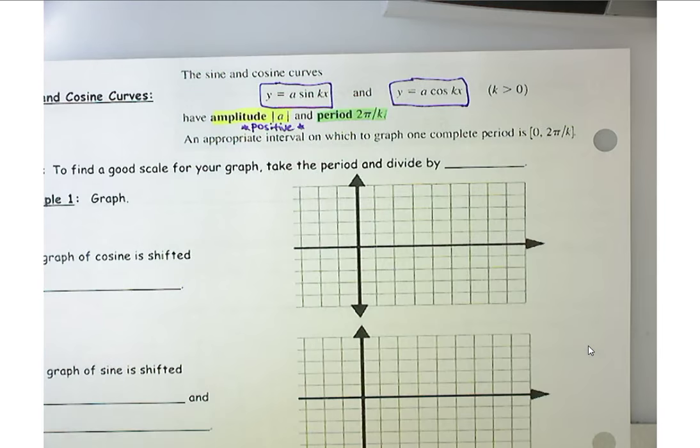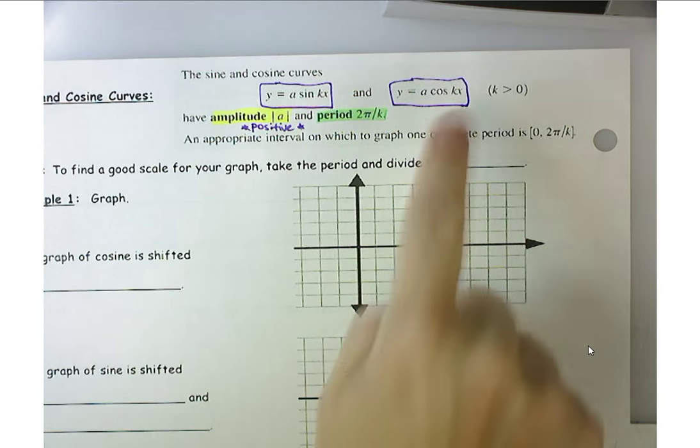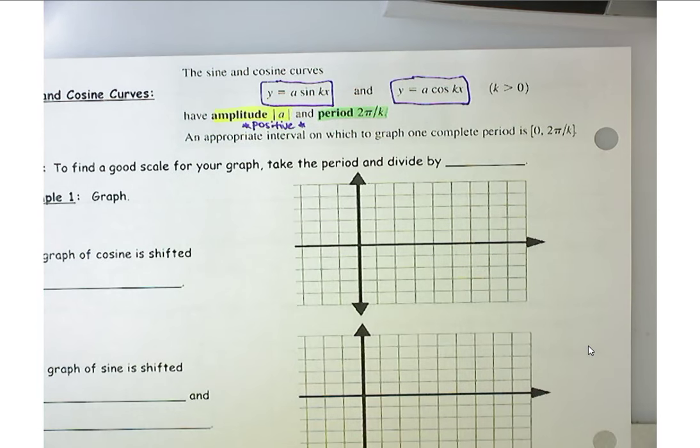So I want you to take a look and see where your k value is. Okay, in each of these. How would you explain that to somebody? Where's your k value? What do you think? Okay, yeah, it's in front of the x, right?